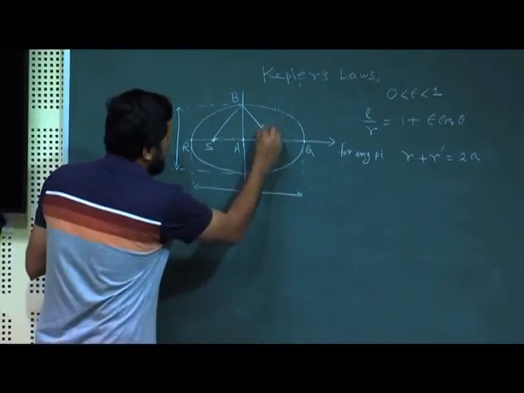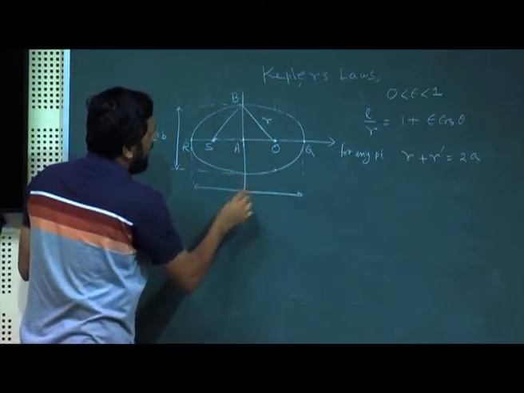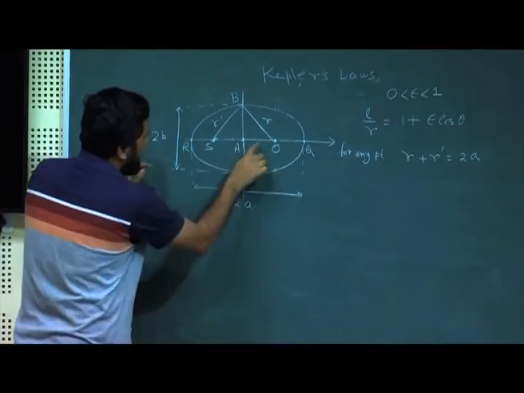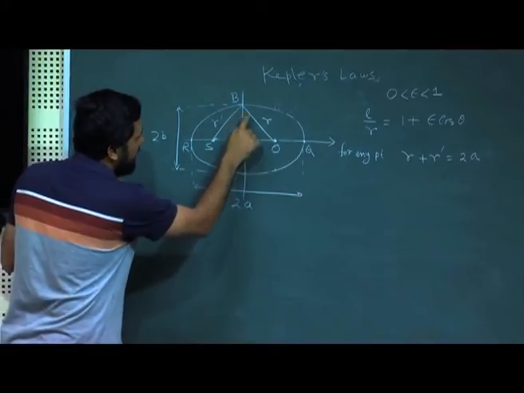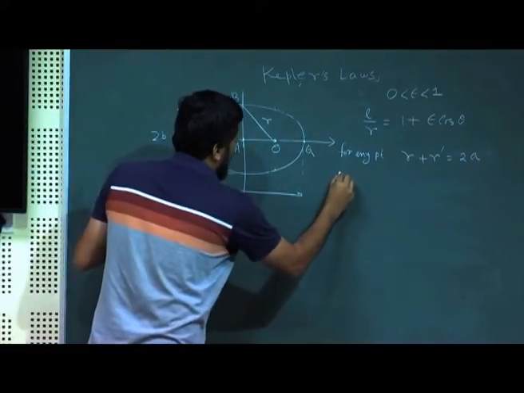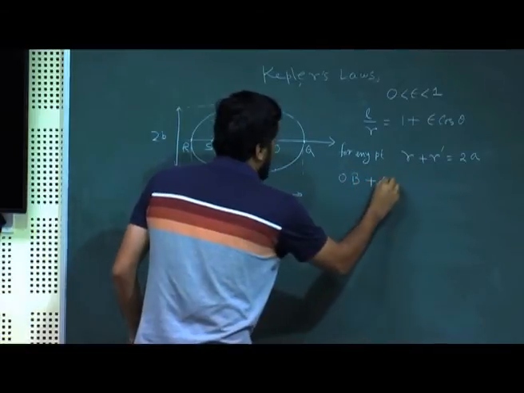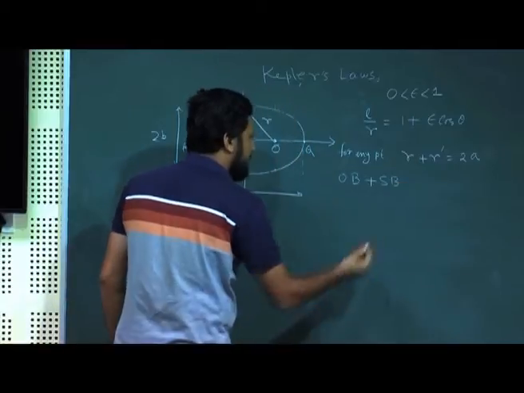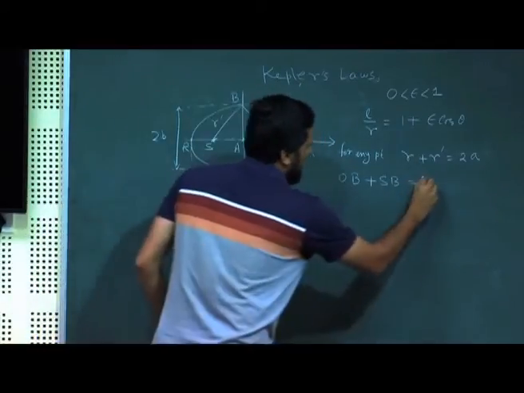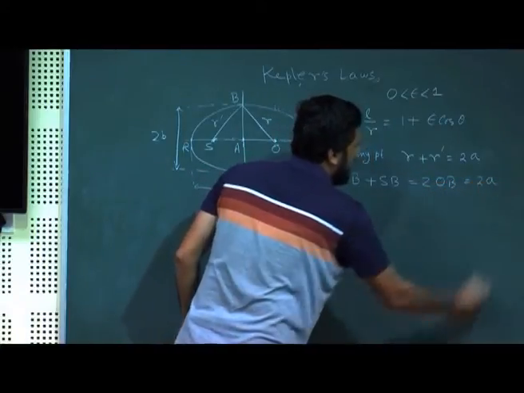Now, for this point, this is R and this is R prime, and we can see from the symmetry of the problem that R is equal to R prime, right. So, OB plus SB, which is once again OB and SB, these two are equal length, we can write it as 2OB equal to 2A.